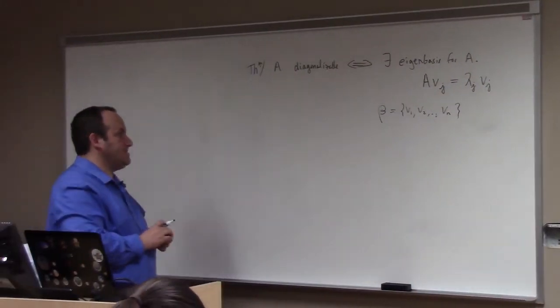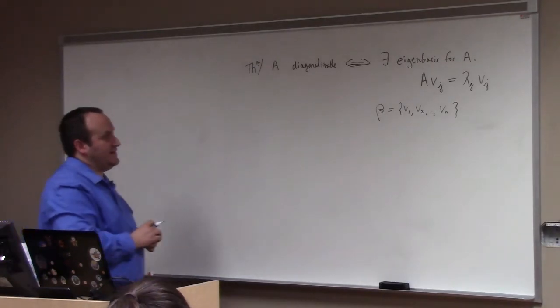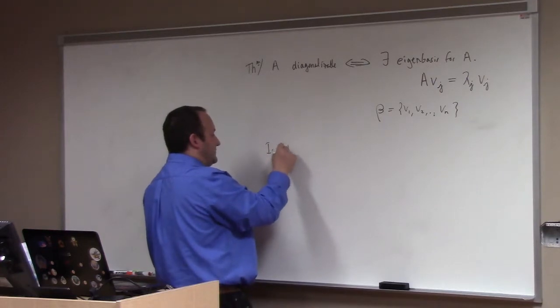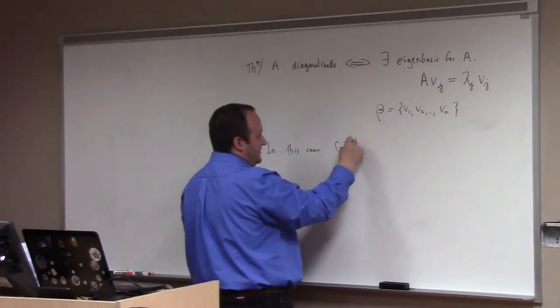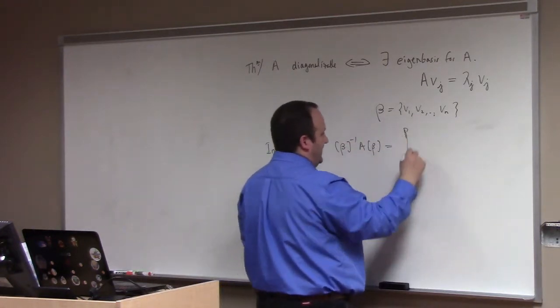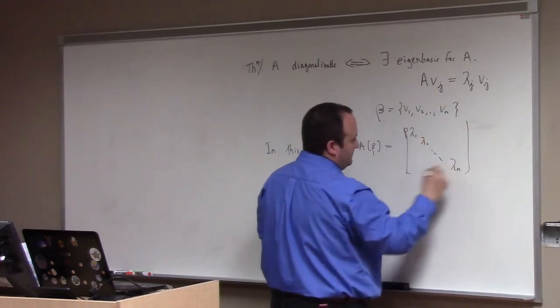So A is diagonalizable if and only if that. And by the way, in this case, what do we have? If we take the basis matrix inverse times A times beta, what do we get? We get the diagonal matrix, lambda 1, lambda 2, lambda n, right?